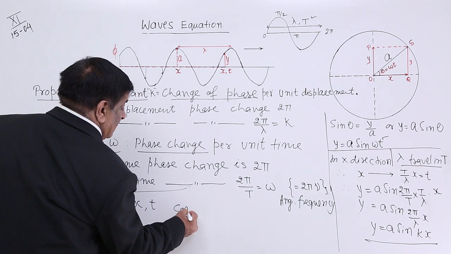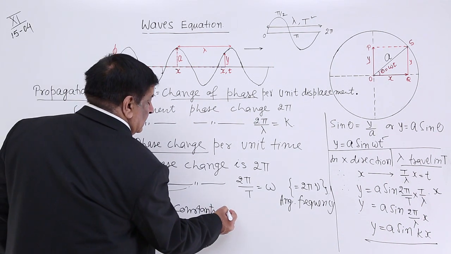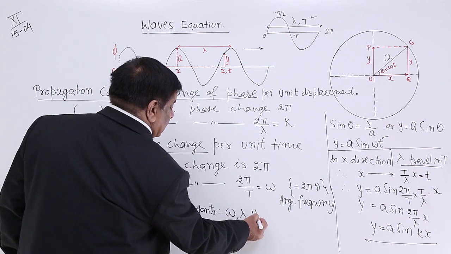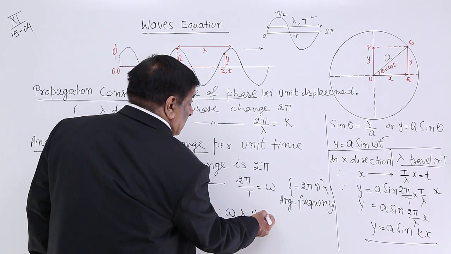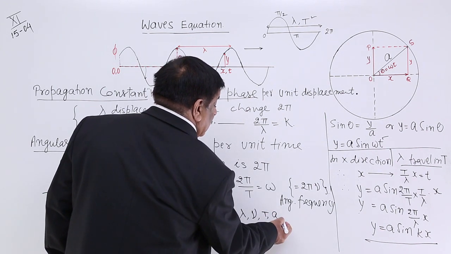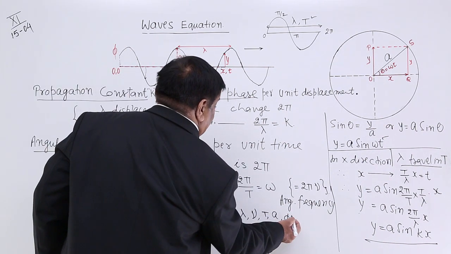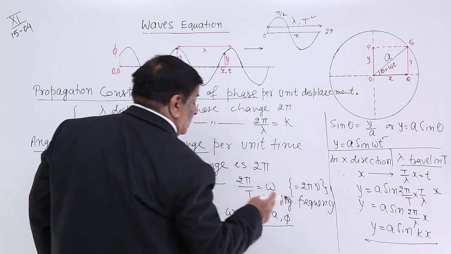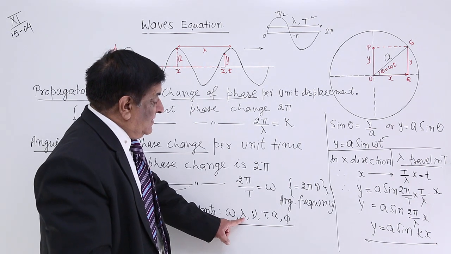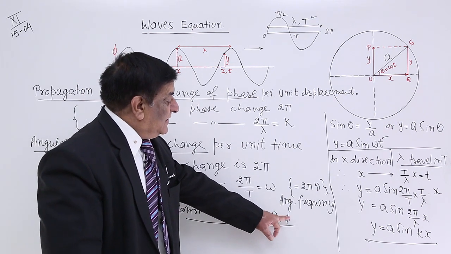Constants: omega, angular velocity, lambda, frequency, number of cycles, total time period, and amplitude A. Initial phase, which comes only once, that is phi. These are the constants. Again, you know the names, so I am not writing them all: frequency, wavelength, linear frequency, time period, amplitude, and initial phase.